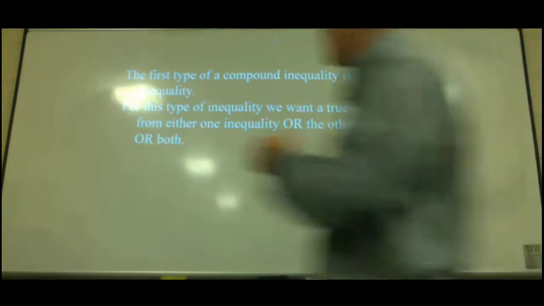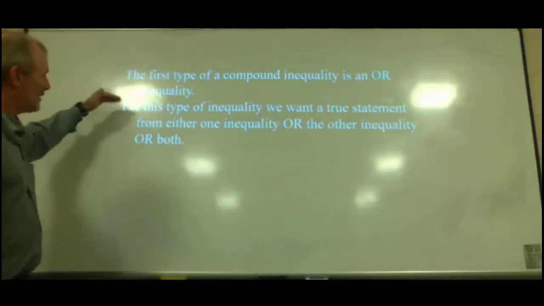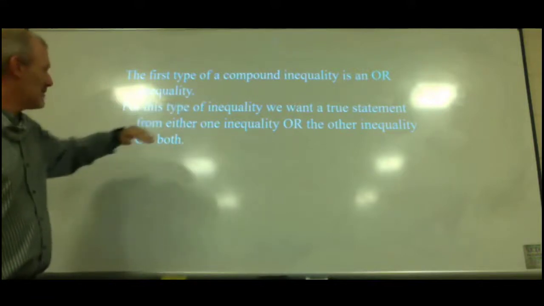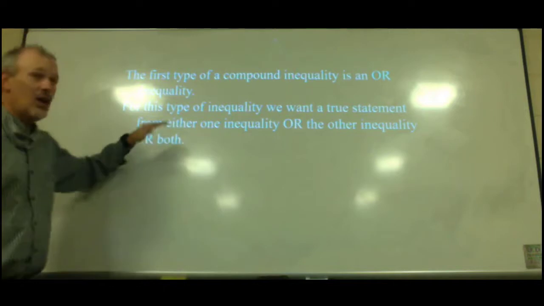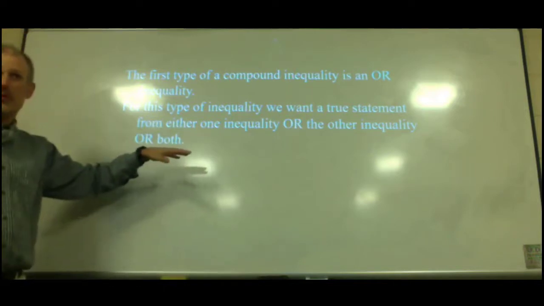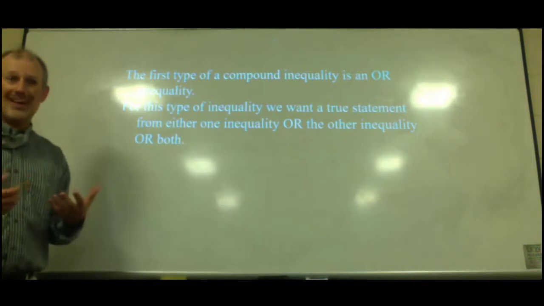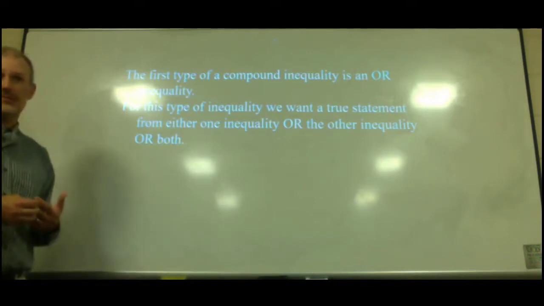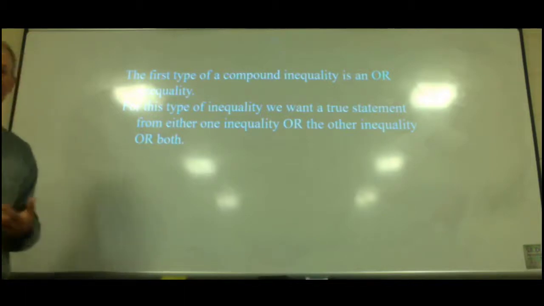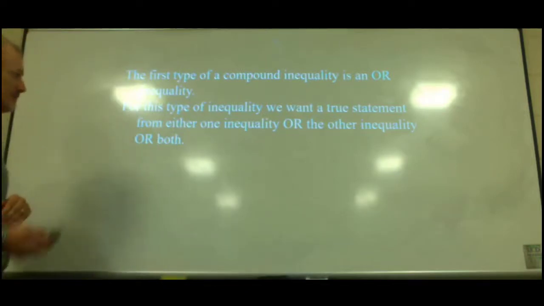So in math language, for this type of inequality, we want a true statement from either one inequality or the other inequality, or possibly both. So in order for our statement to be true, at least one of the parts has to be true.